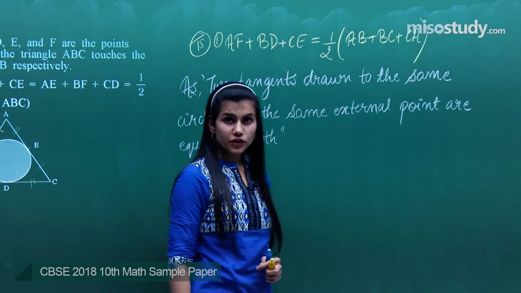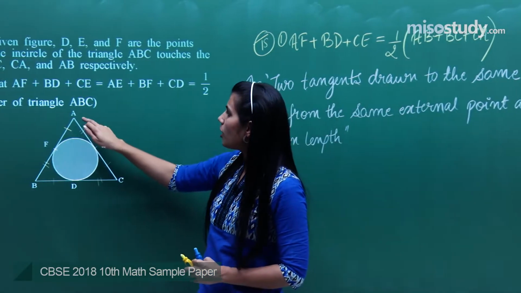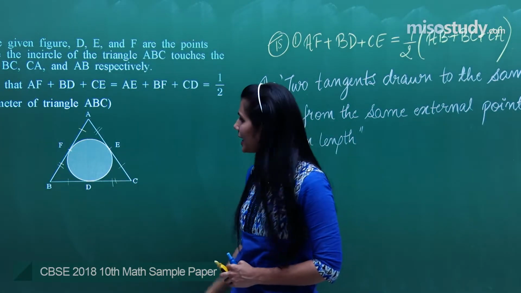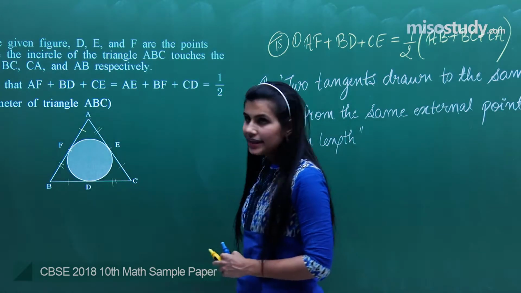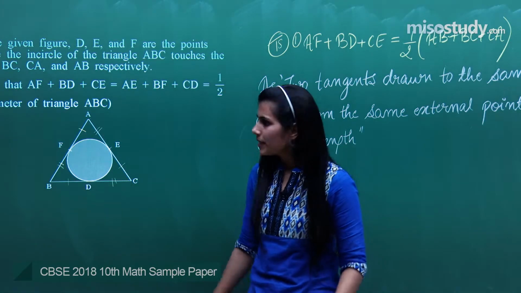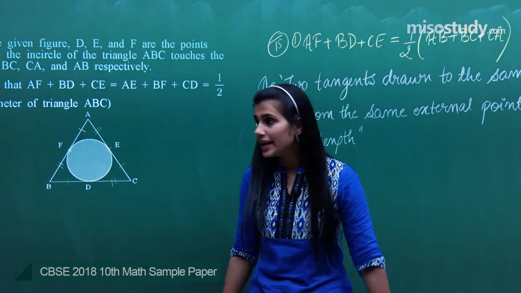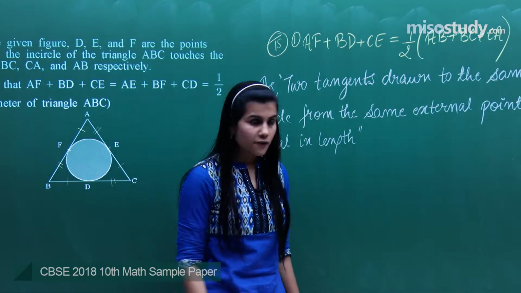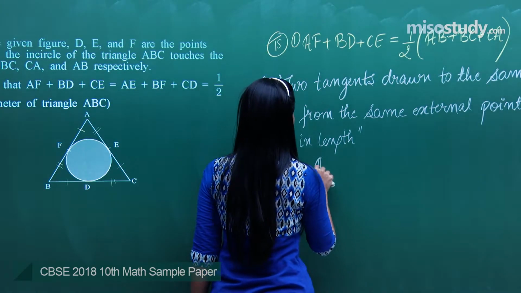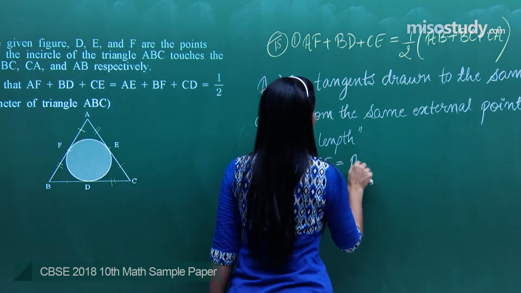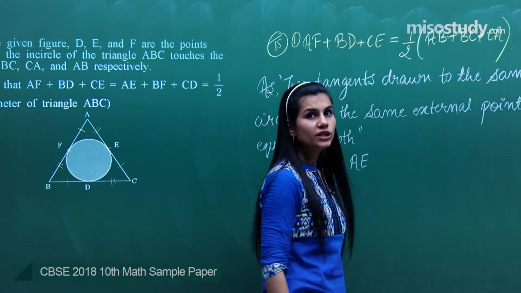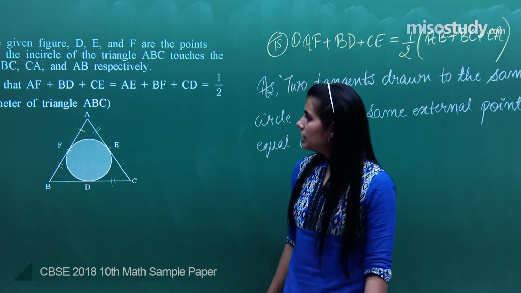The moment you have realized this, you know that from the single external point A, AF and AE are two tangents, and so AF's length is equal to AE's length, which means AF is equal to AE.